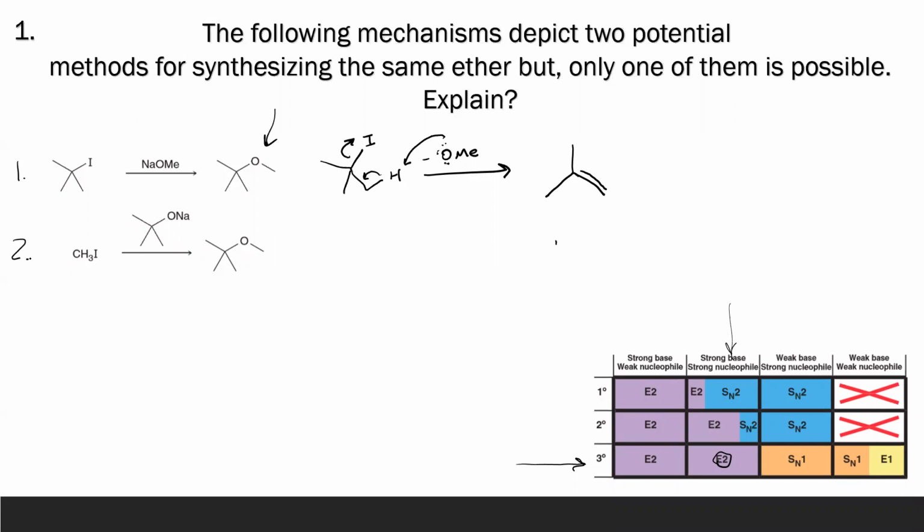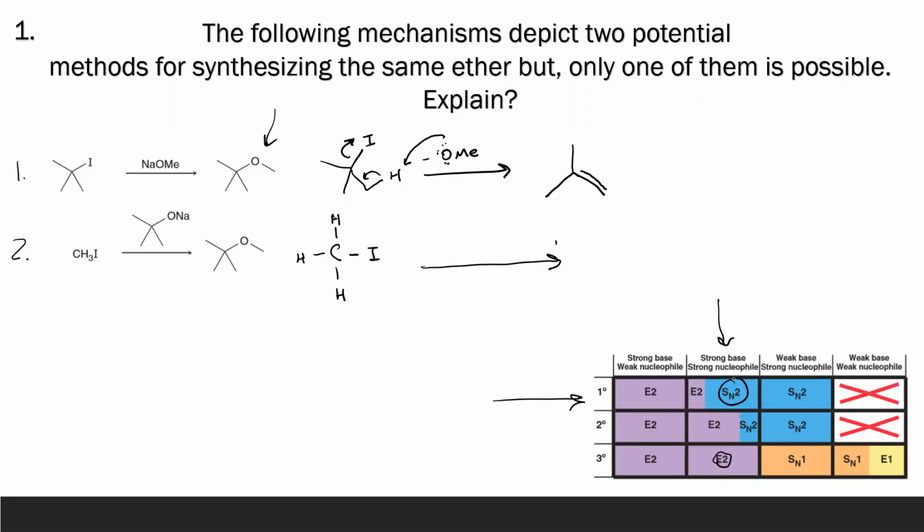So in this case, we have a methyl iodide substrate reacting with sodium tert-butoxide. So again, you have a methyl in this case reacting with a strong base, strong nucleophile.